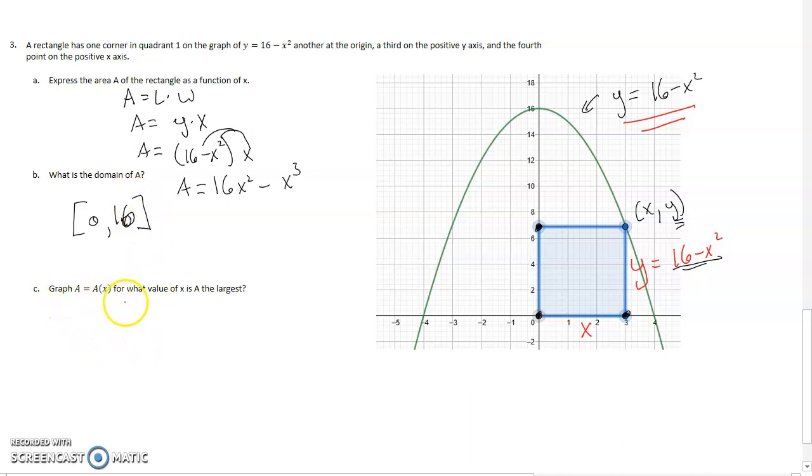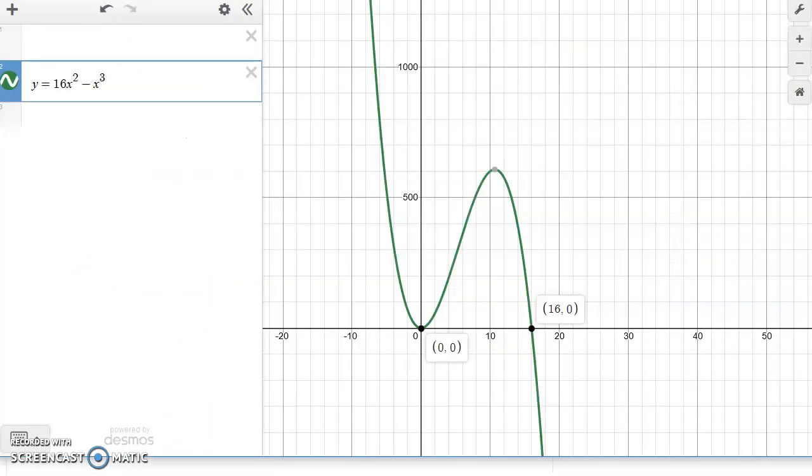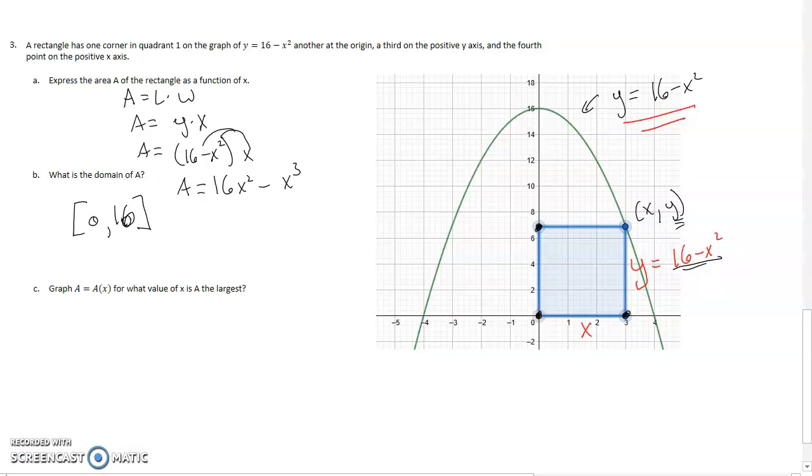It says graph A is equal to A of x. For what value of x is A the largest? Well, what we're looking for is a maximum here, right? Do we see any relative maximums? I see there's one right here. And what does that look like? It says the x value is 10.667 and the y value is 606.815. So let's round these each to 2 decimals. 10.67 would be the x value.